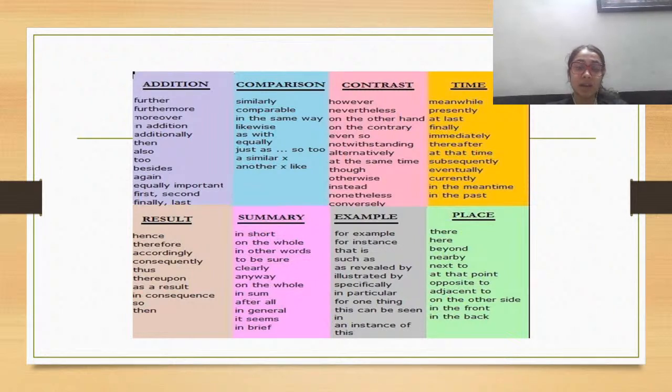These things will make you understand how important linking words are in terms of generating and linking ideas.